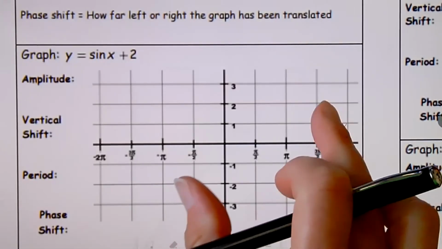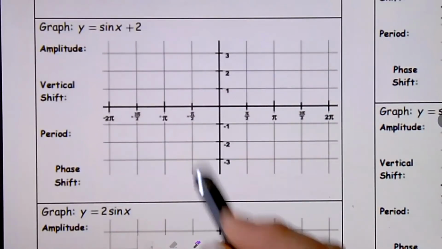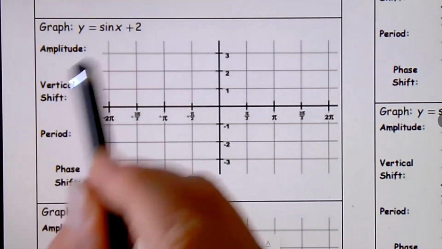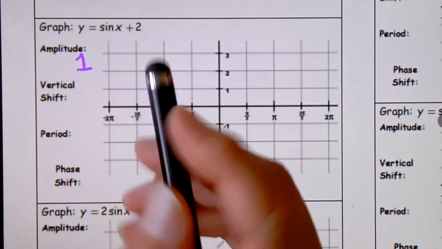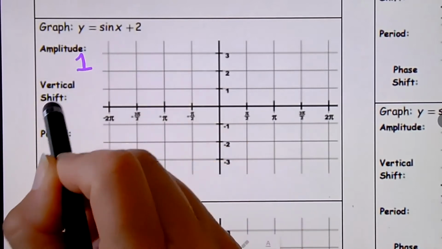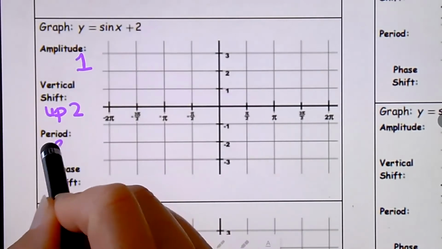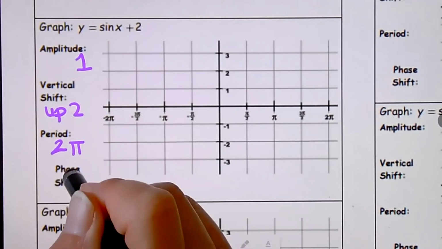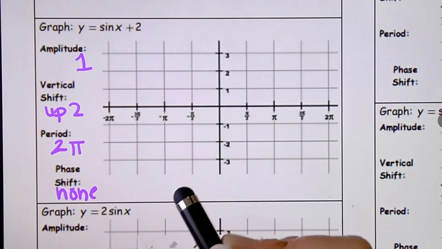Let me go through all of these terms again. Amplitude is just 1 because it was going 1 above or 1 below my center. Vertical shift is up 2 because of that plus 2. Period was still 2 pi, that did not get adjusted. And our phase shift is none, we still start in the same spot.